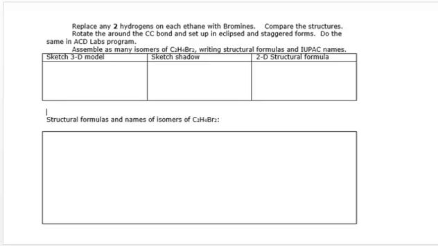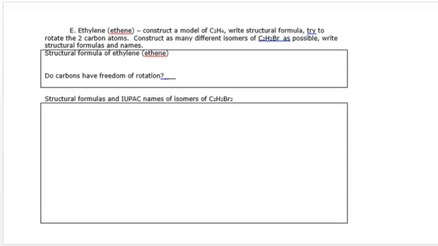And part of the rest of the assignment here is just to draw some models and then actually to draw some isomers where you have ethane and you put 2 bromines on them. What possibilities do you have for isomers, and what would be the names?